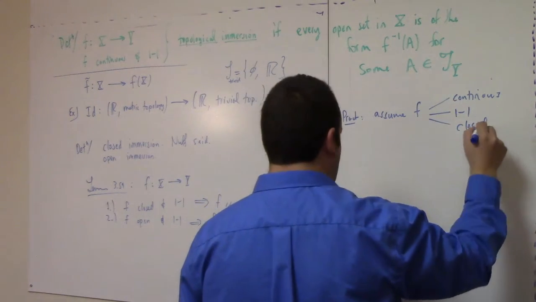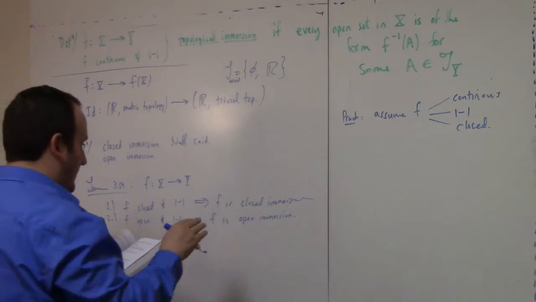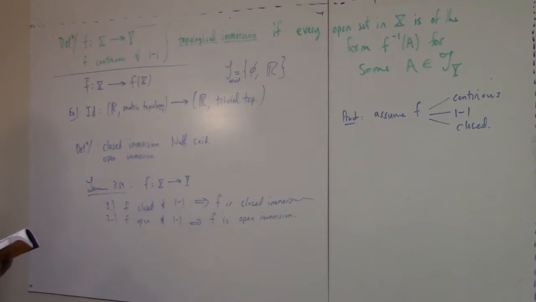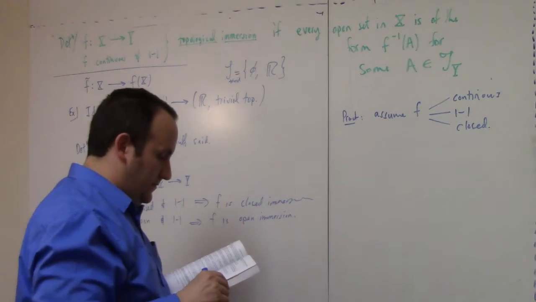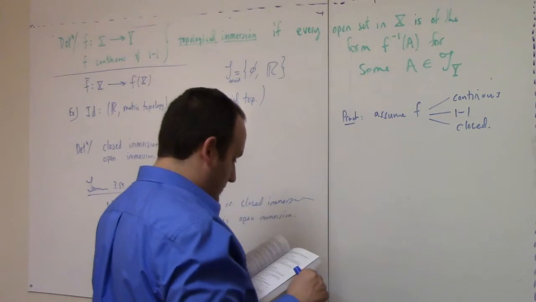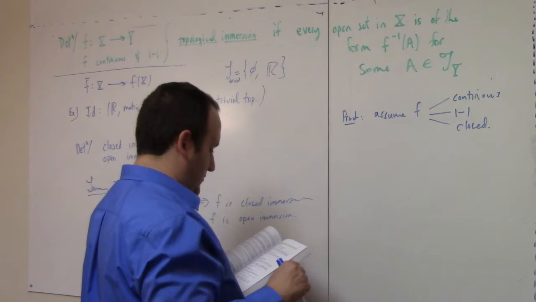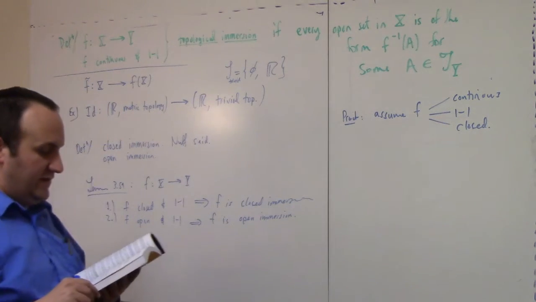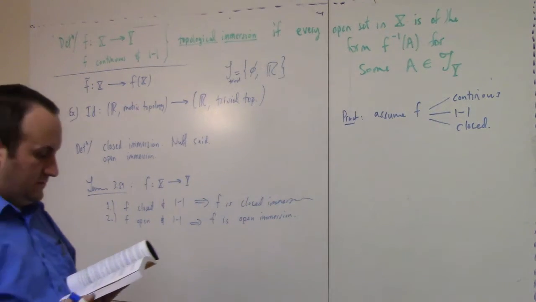I'm trying to prove then that it is a closed immersion. Well, it's already a closed map, that's given. So I guess we're really just trying to prove it's an immersion, aren't we? So what do I need to do?